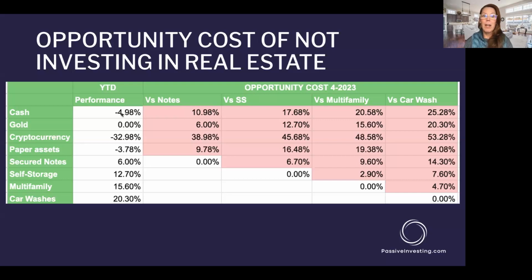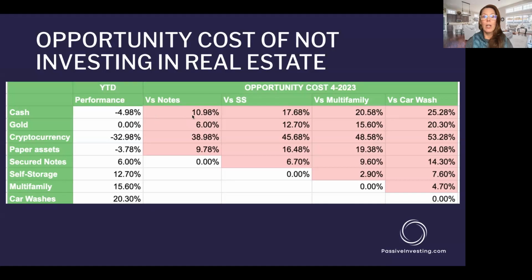But let's just say that you're sitting in all cash in a checking account. You compare to other assets, this is what your actual loss is, your opportunity cost. So today we're going to be talking about this space around secured notes.